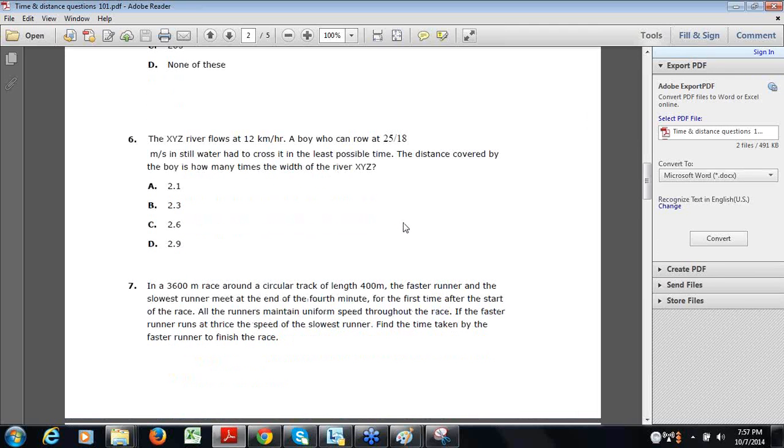Okay. So a river XYZ flows at 12 km per hour. A boy who can row at 25 by 18 meter per second in still water had to cross in the least possible time. The distance covered by the boy is how many times the width of the river XYZ?